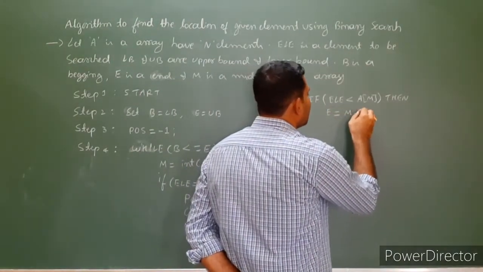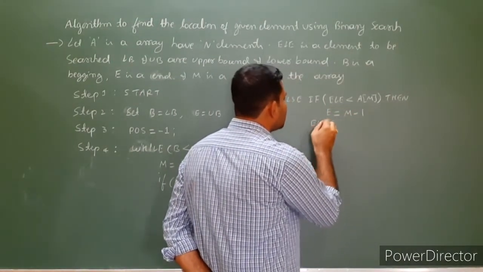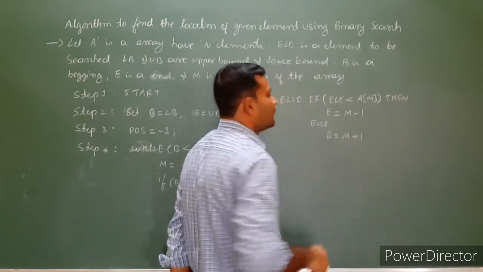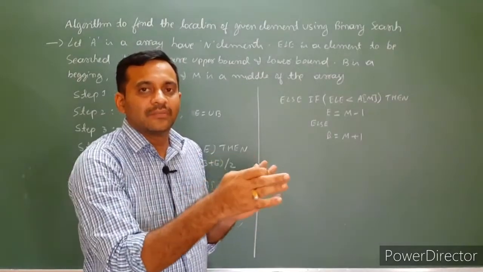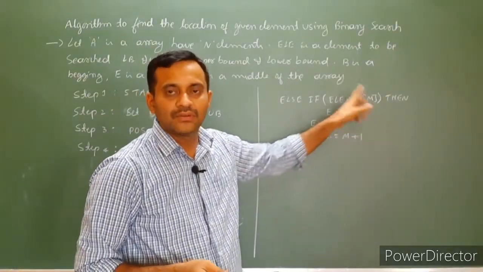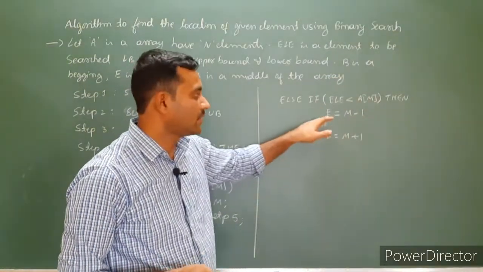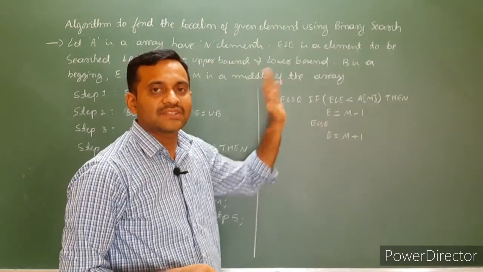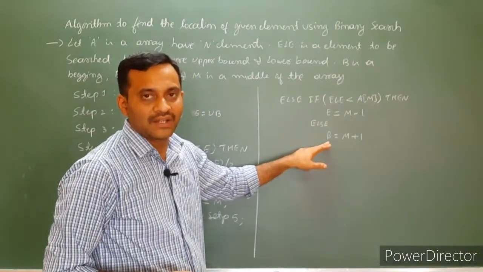How to modify? End equals M-1, else beginning equals M+1. If the element is less than the middle value, it belongs to the first half, so you have to modify the end. If this condition is false, the element belongs to the second half, so you have to modify the beginning.